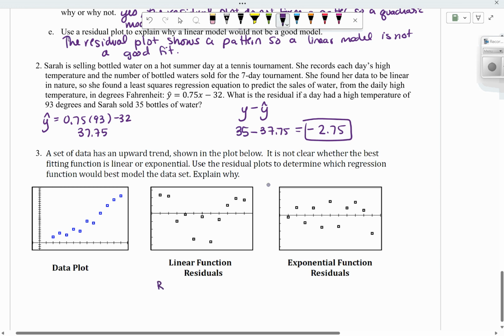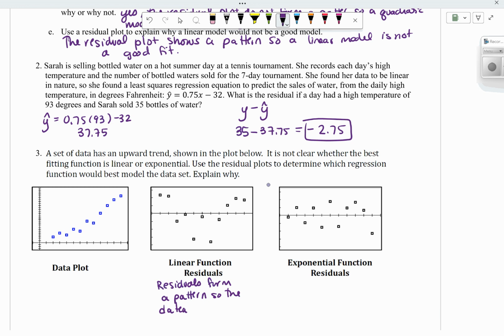So the residuals form a pattern, so the data may be nonlinear. Over here, the exponential regression looks like it's more of a random pattern.